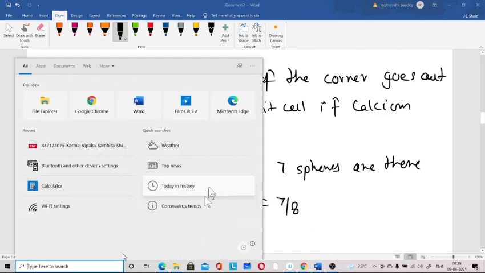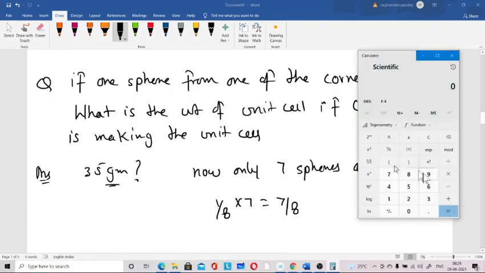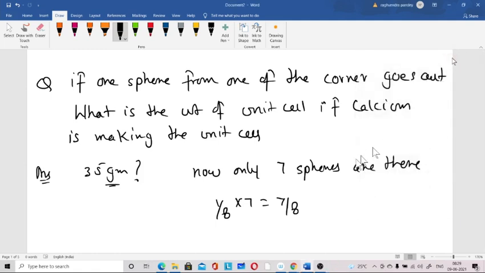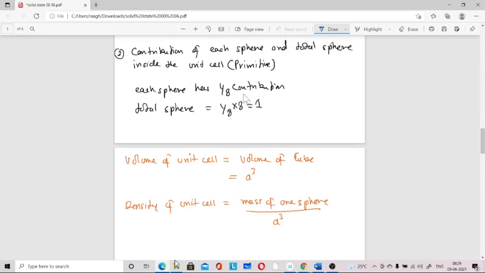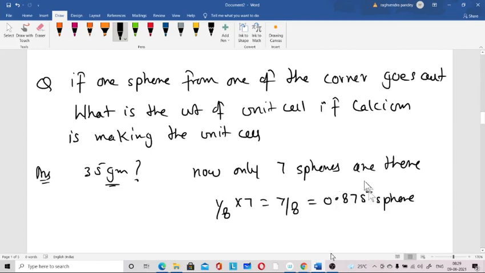If you see the exact value, that is 0.875. So earlier we had one sphere inside the unit cell, and now it is 0.875 sphere. Got it?